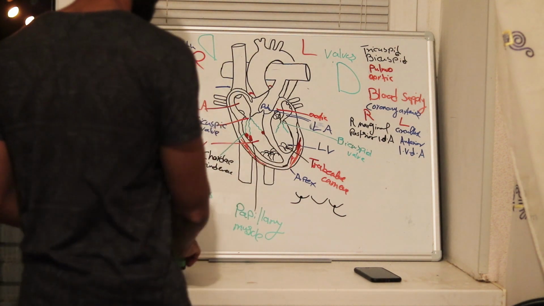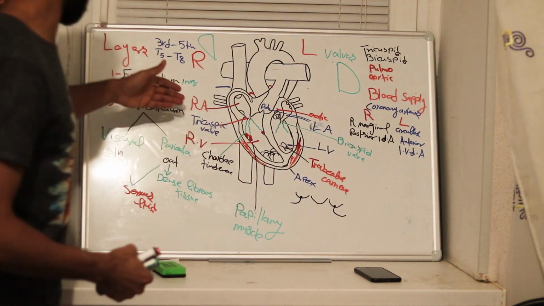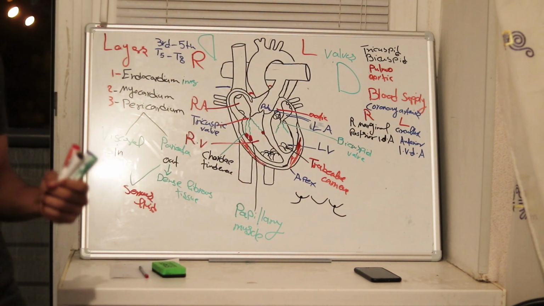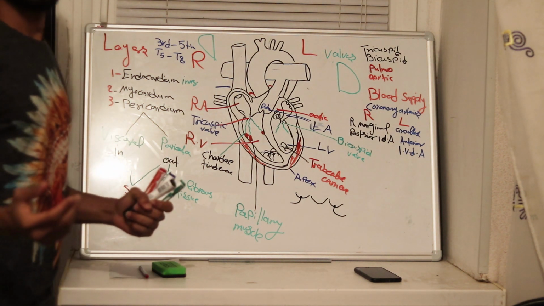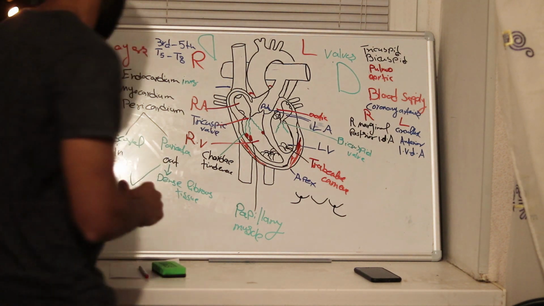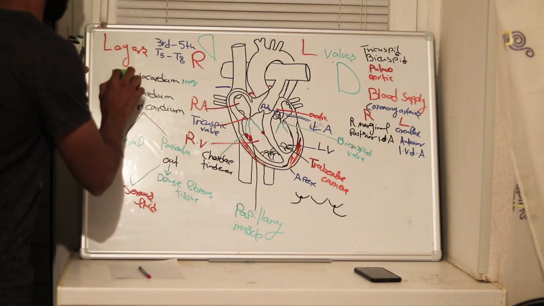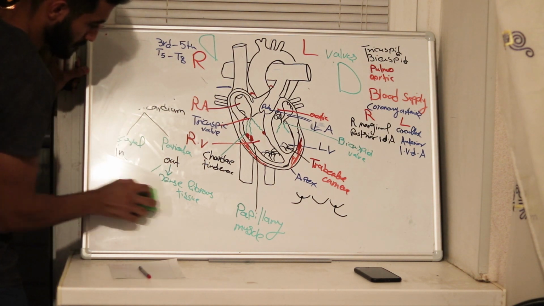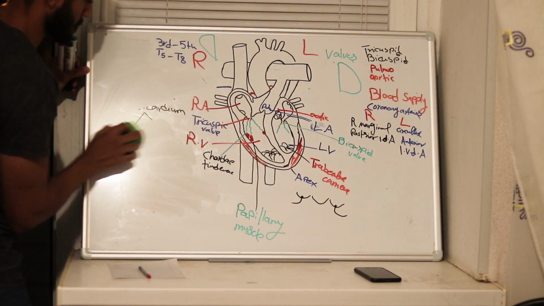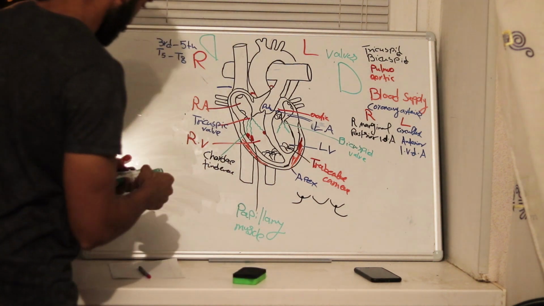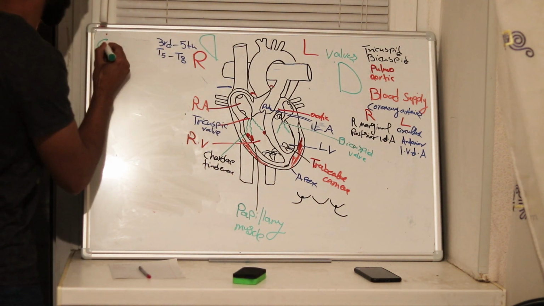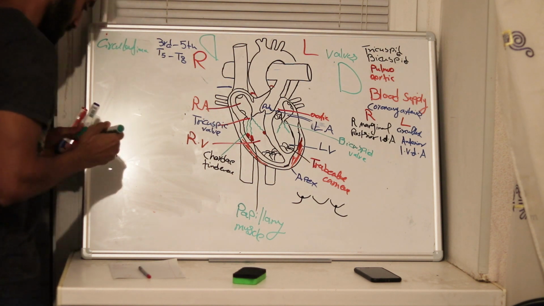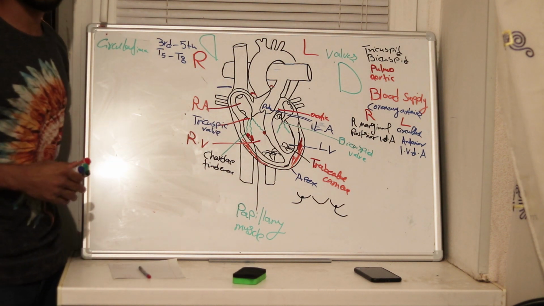We have talked about the heart. Blood goes, let's say, right atrium, right ventricle, aorta, and the pulmonary trunk. So we want to know exactly the circulation and how many types of circulation we have. Let's talk about that. We have three types of circulation.